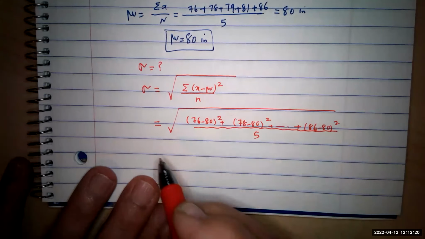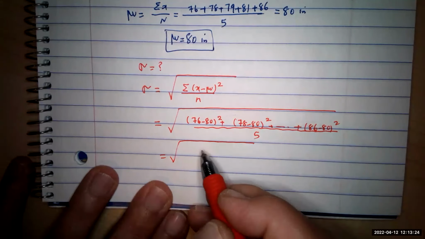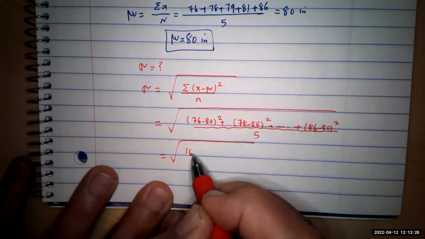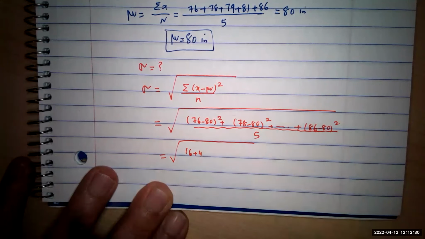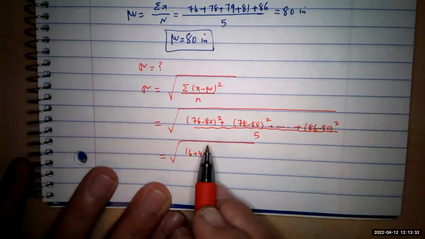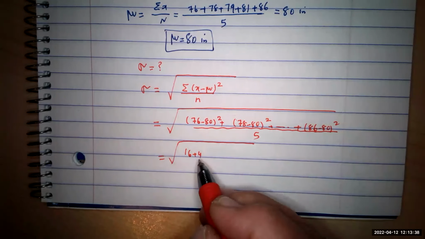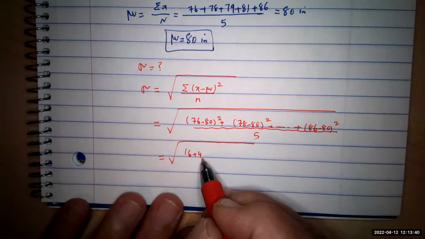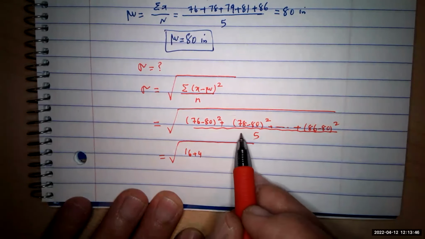If you do the differences and square them, it's going to be 16, 4, and the other numbers. The last one would be 36.